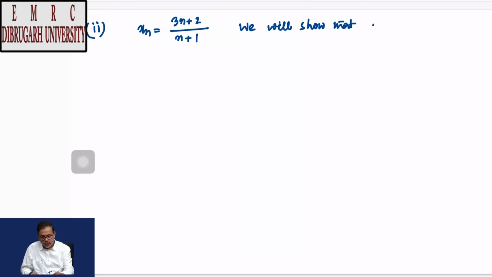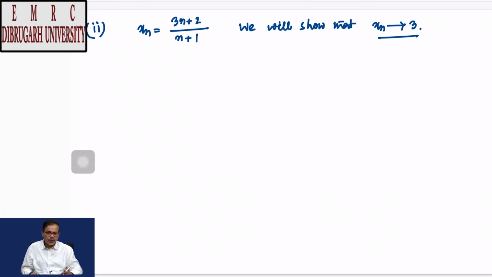The next example is, take the sequence xn to be 3n plus 2 divided by n plus 1. We will show that xn converges to 3 this time.